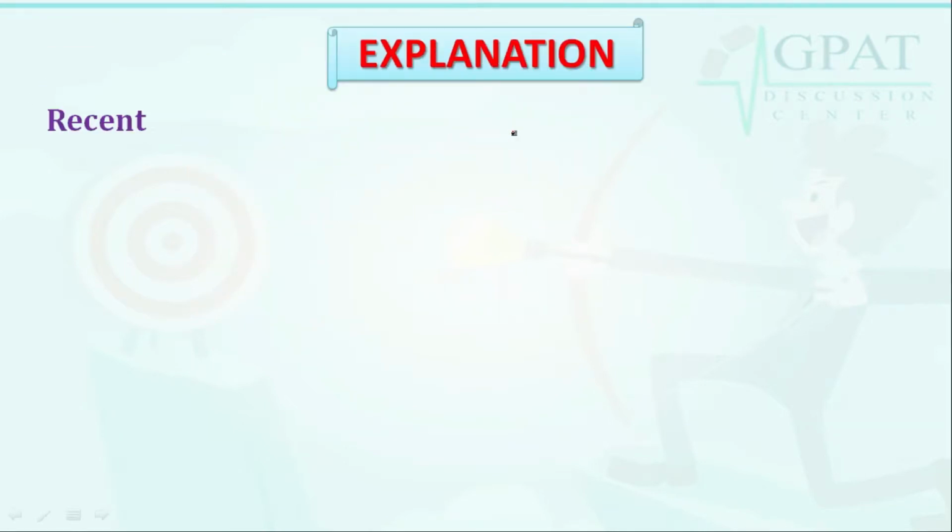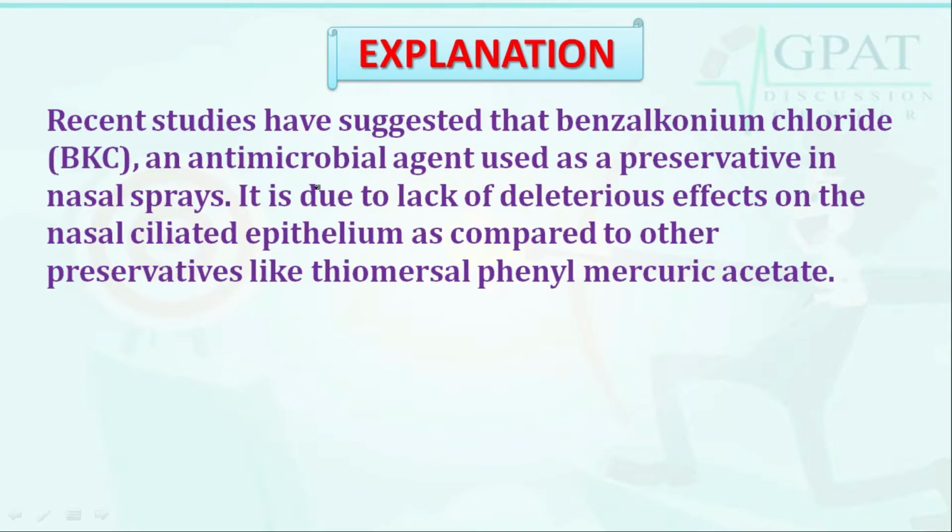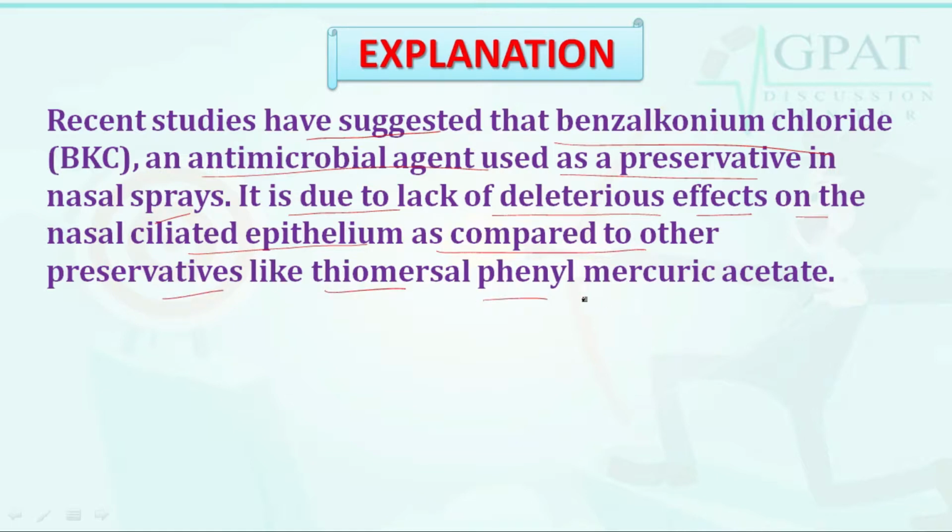And here we have the explanation on this: recent studies have suggested that benzalkonium chloride, an antimicrobial agent used as a preservative in nasal sprays, is preferred due to its lack of deleterious effect on the nasal ciliated epithelium as compared to other preservatives like thiomersal and phenyl mercuric acetate.